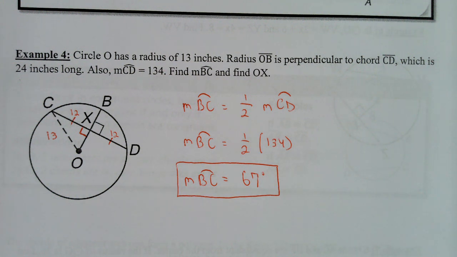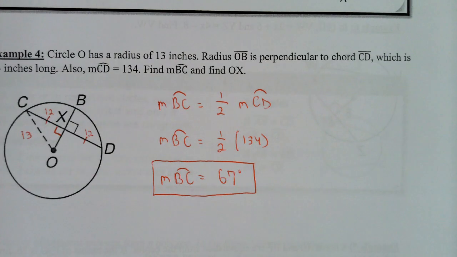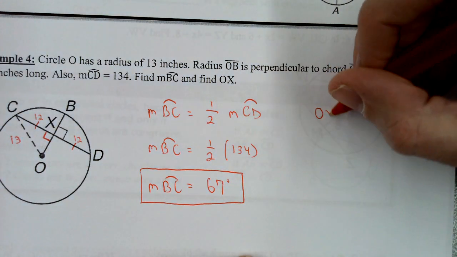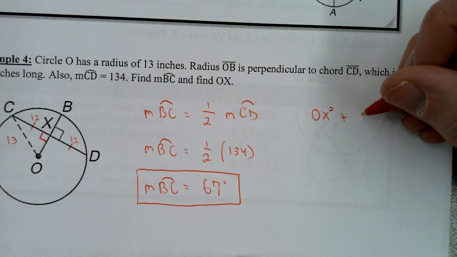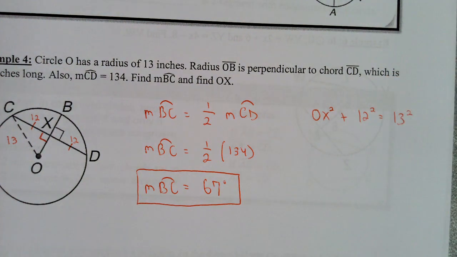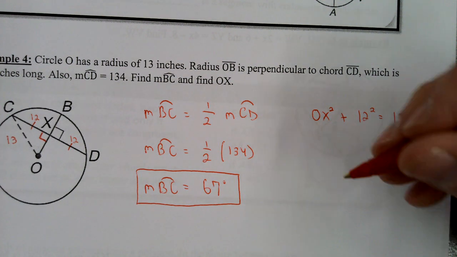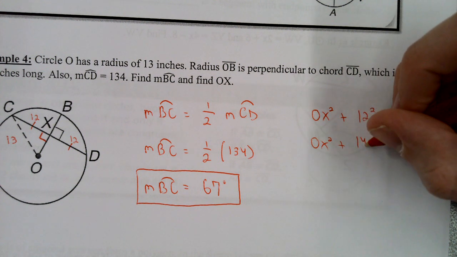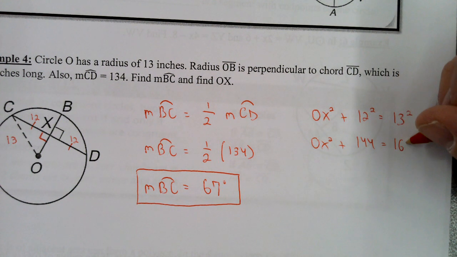And here's what I'm going to do. I'm going to use the Pythagorean theorem to find OX, unless you have that Pythagorean triple memorized. But we're going to do OX squared plus 12 squared equals 13 squared. You might have this answer memorized. If not, you're going to have to do out the work to find OX. So OX squared plus 144 equals 169.